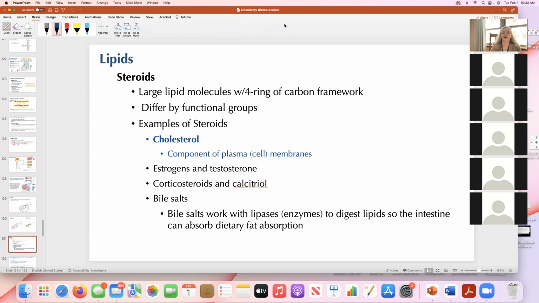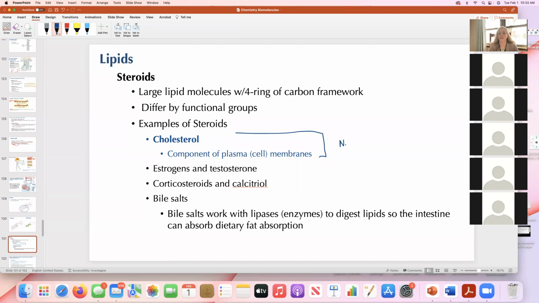So these are large lipid molecules with 4 major carbon rings, that A, B, C, D ring, A, B, C all being 6-carbon rings, and the D ring being a 5-carbon ring. And they differ in their structure by the functional groups that are put on them. So cholesterol, remember always, is a component of cell membranes, absolutely necessary for life.